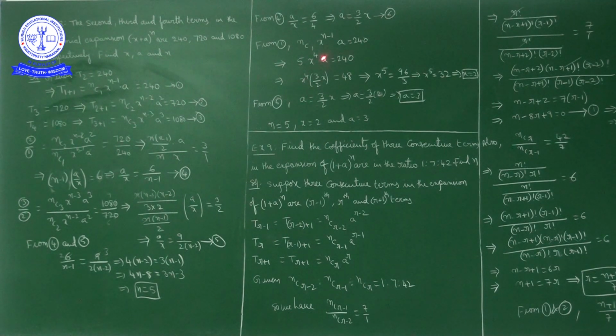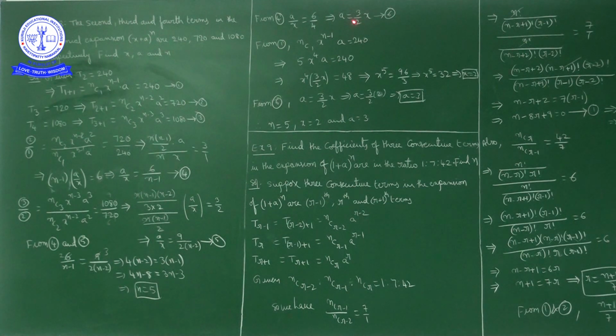So x power 4 into 3 by 2 into x is equal to 48. So x power 5 into 3 by 2 is equal to 48, so x power 5 is equal to 32. x power 5 is 32 means x is equal to 2.